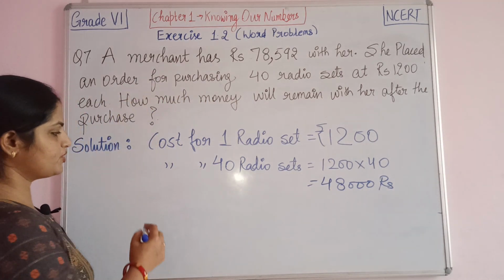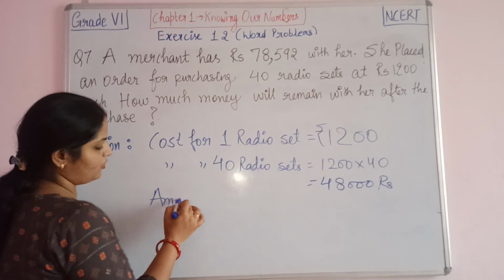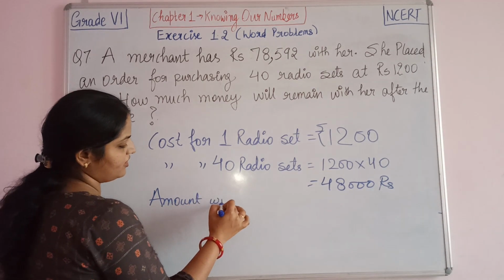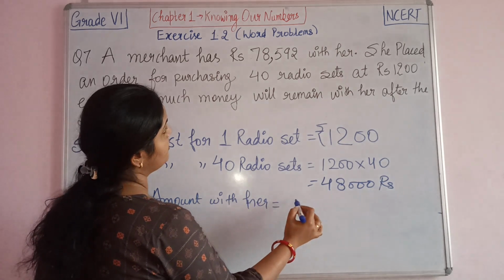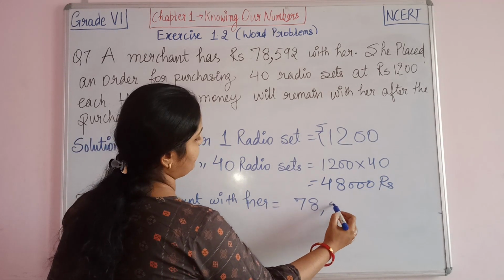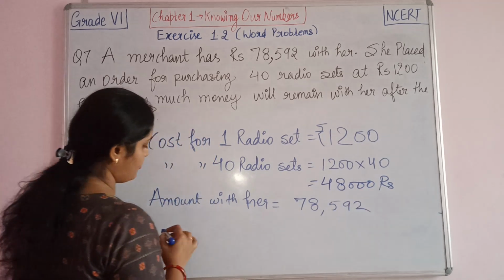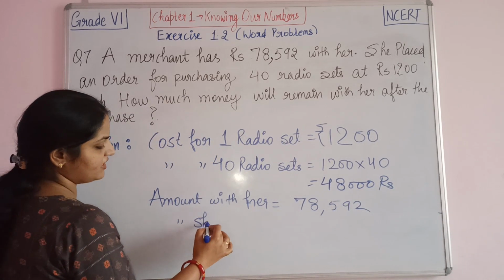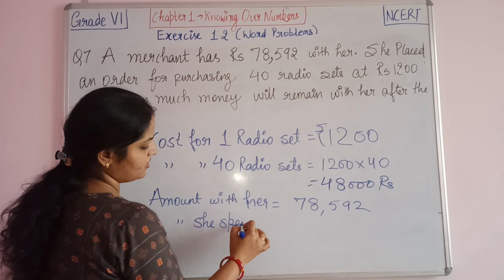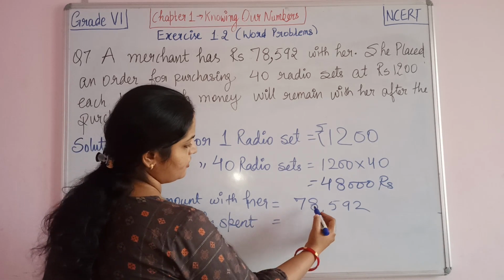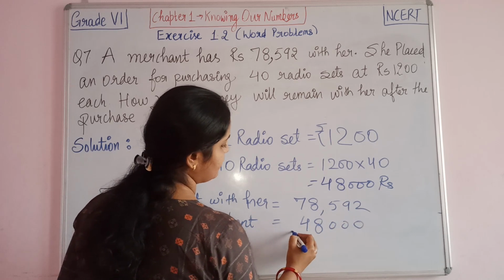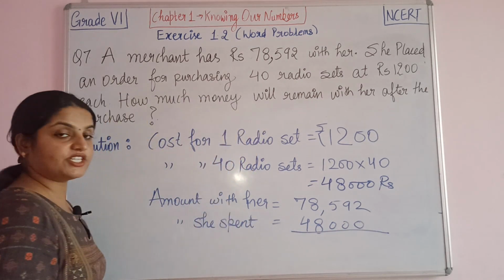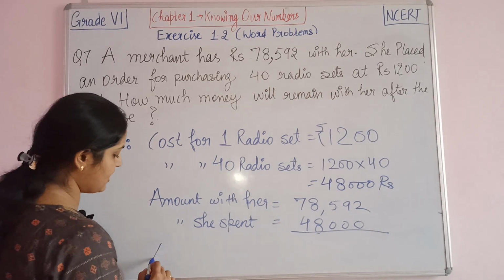Okay, what is the amount with her? Amount with her was 78,592. What is the amount she spent? It is 48,000. Why? Because she spent these on purchasing the radio sets. So what is the amount left with her?